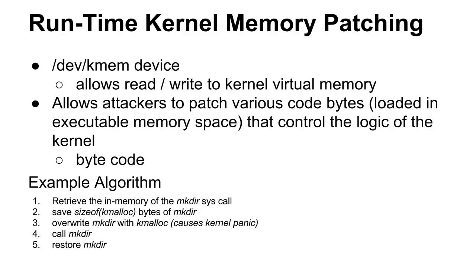Overwrite the first 50 bytes, or the size of your payload, in that system call's target space. This may cause a kernel panic, however. Then, the next time that function, mkdir, is called, it will run your malicious code.